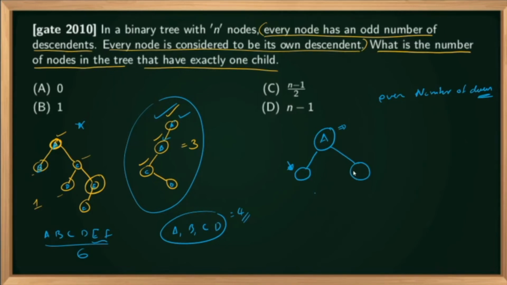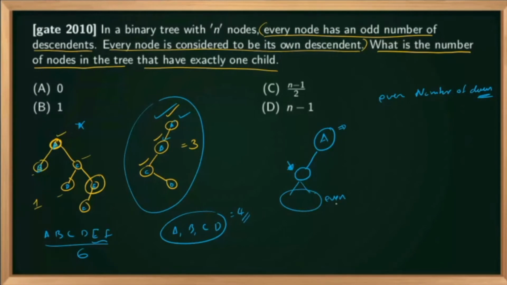So now that means you have to start with A, then you have to have a left child and a right child. Let me say it once again: if you don't have a right child, let's assume you have only a left child, I will have some nodes here. This should be even, because for every node you should have an even number of descendants excluding itself.